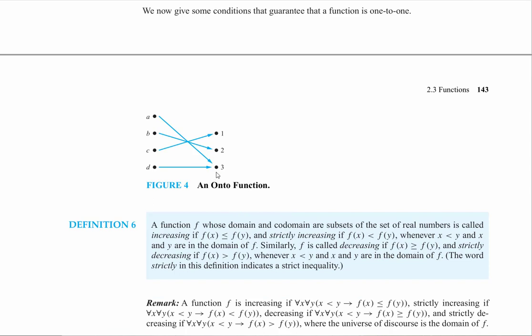In this example, we see the codomain is 1, 2, 3, and every element does get hit with an arrow. So this is onto. You can see it's not one-to-one. 2 arrows hit 3.